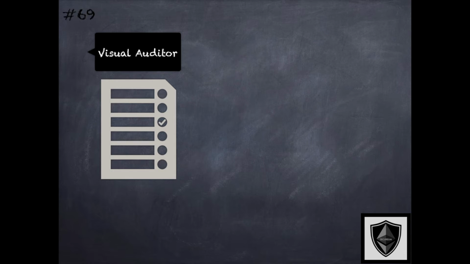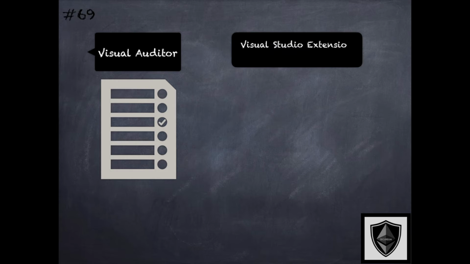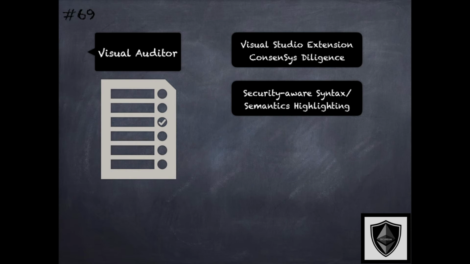A tool that could be very handy in the manual analysis phase of smart contract auditing is the Visual Auditor. This is a Visual Studio extension, again from Consensus Diligence, that provides security-aware syntax and semantic highlighting for Solidity and Viper languages.